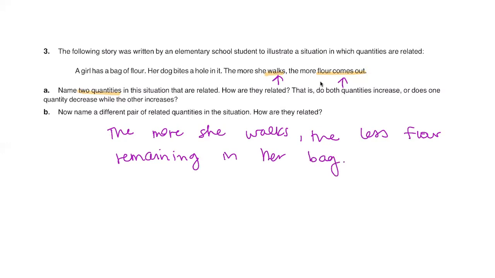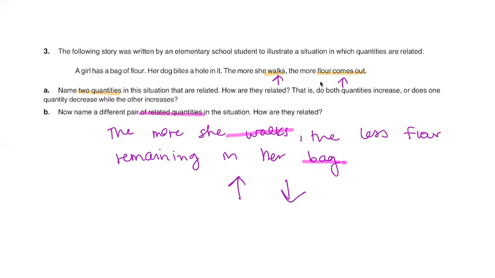So the related quantities would be her walking and the amount in her bag. And the more she walks, the less flour there is in her bag. I'm sure there's more related quantities, but that's just the one that I found.